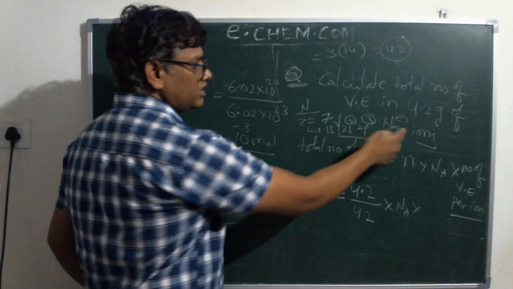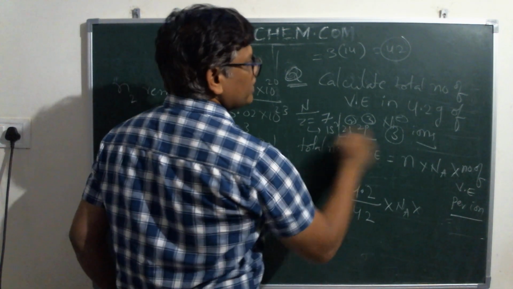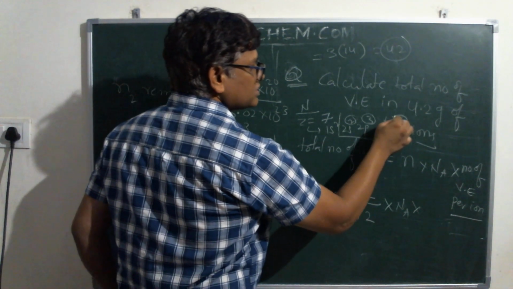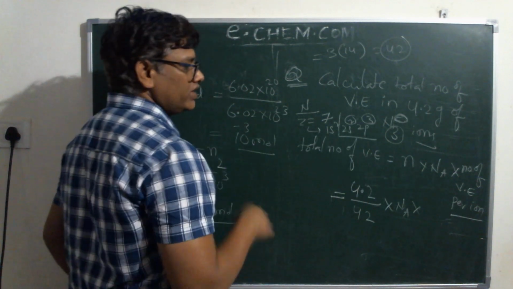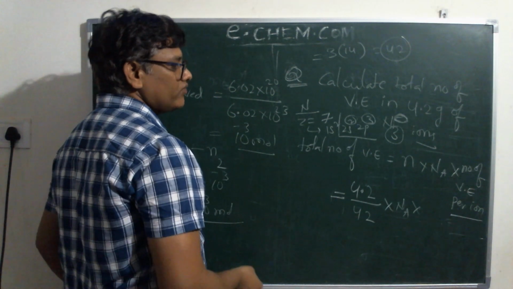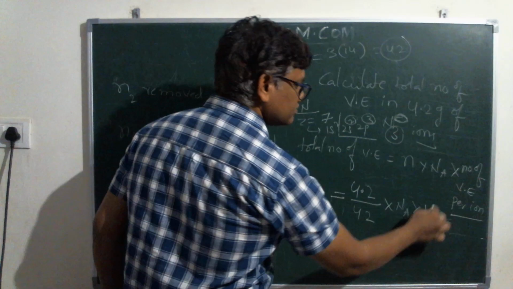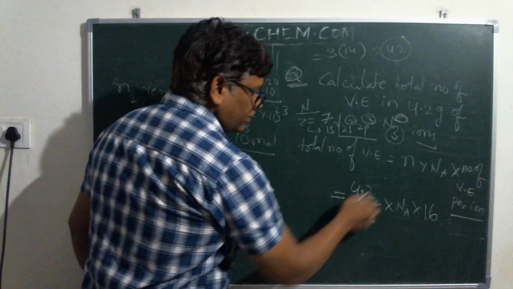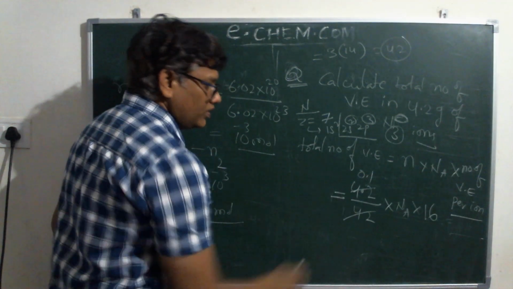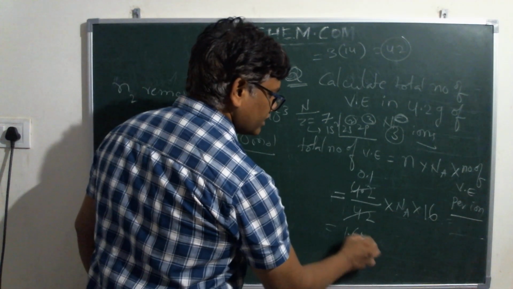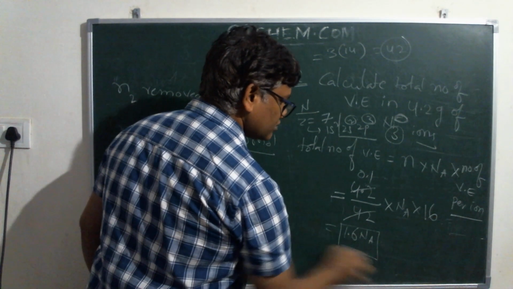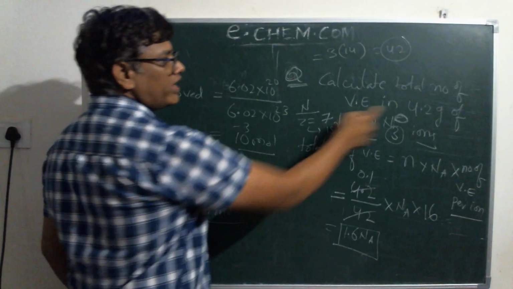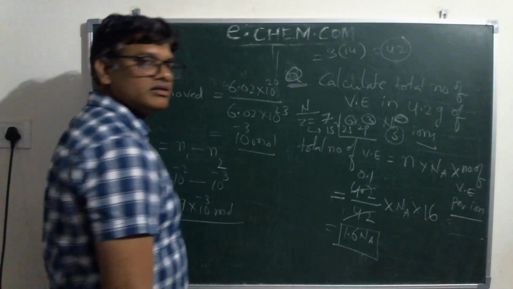So that is 3 into 5, 15. Now this ion is carrying a negative charge. We need to add one. So the total number of valence electrons will be 16. On calculation, you will get 1.6 NA. This many valence electrons are present in 4.2 grams of azide ions.